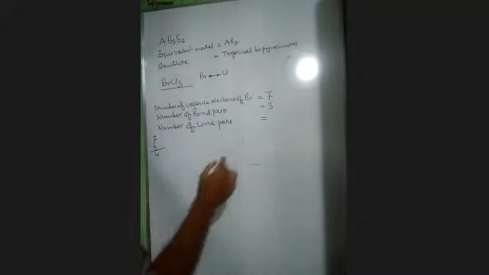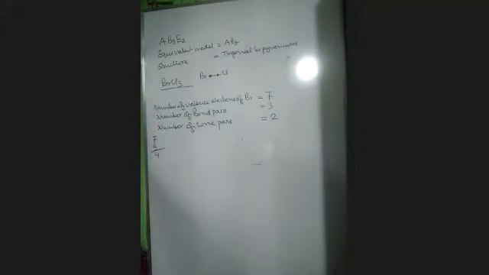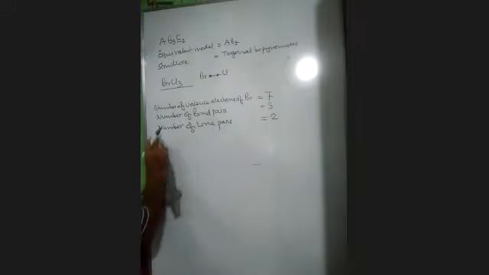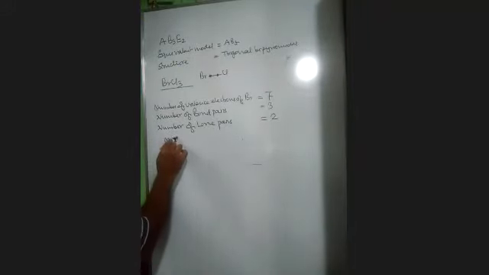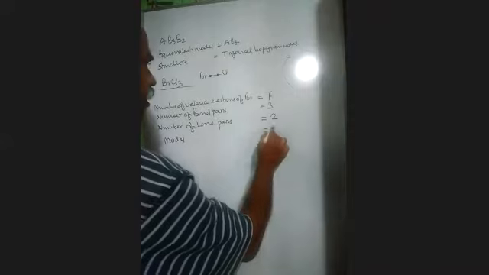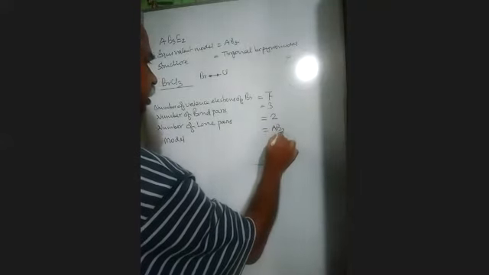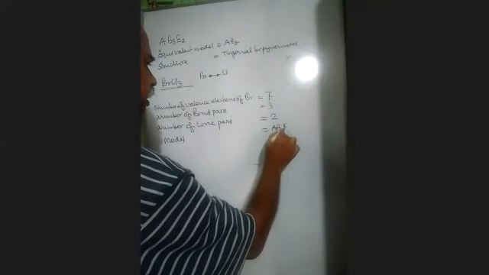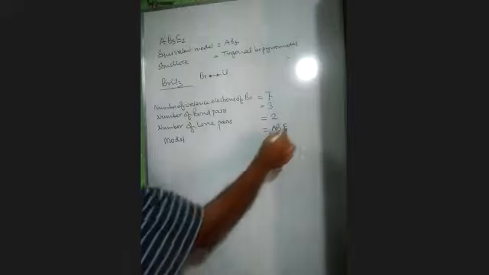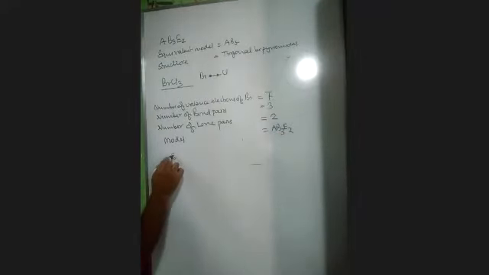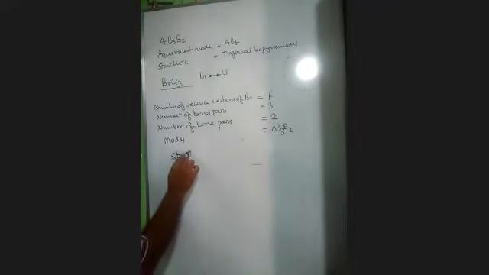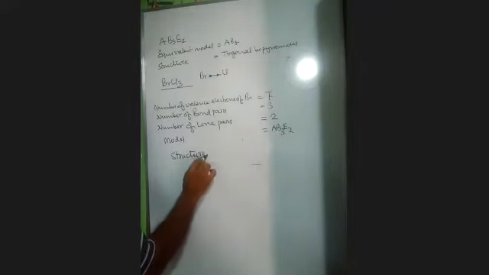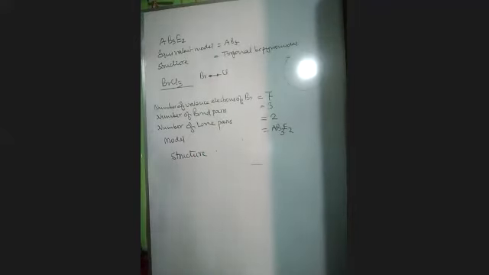Number of lone pairs? 2. What is the model? AB3E2. So draw the structure.